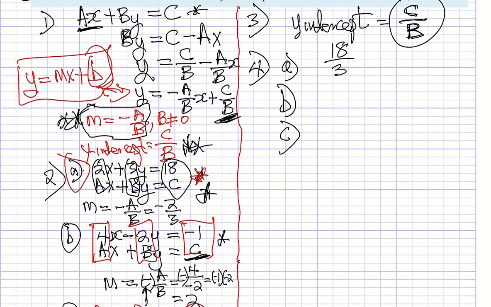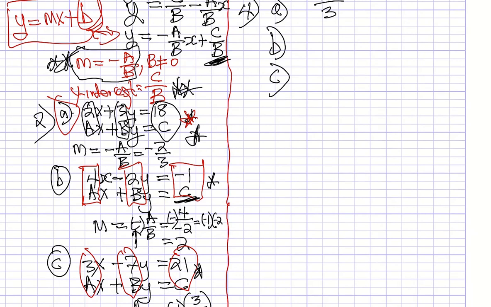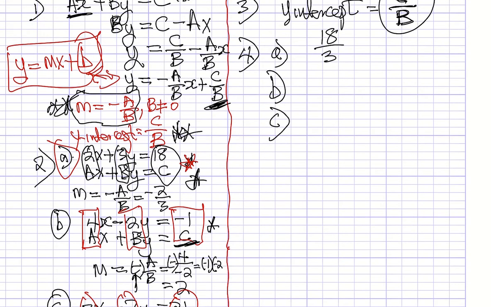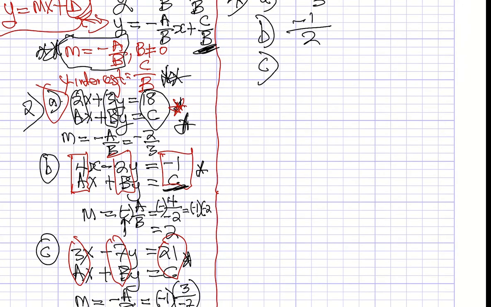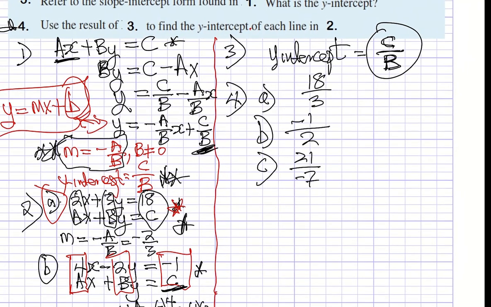For the second equation, C is minus 1, B is 2. For the third equation, C is 21, B is minus 7, okay? So you simplify all that.